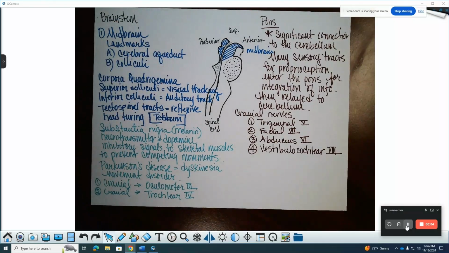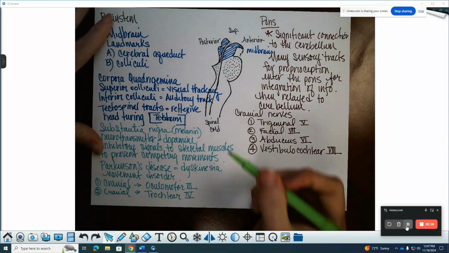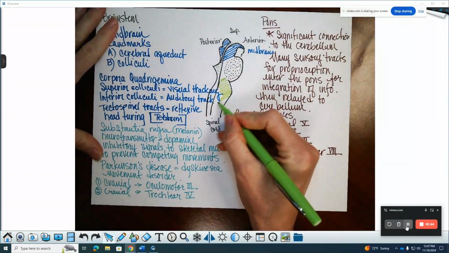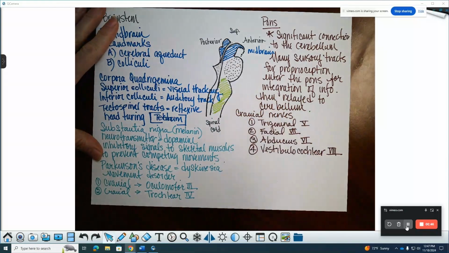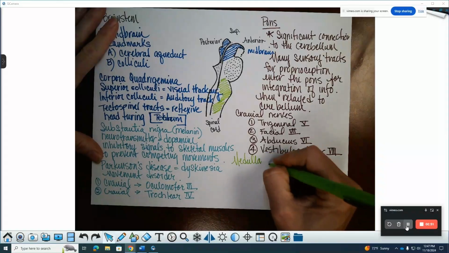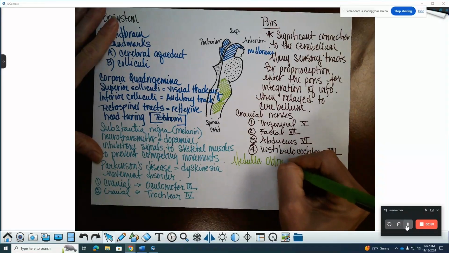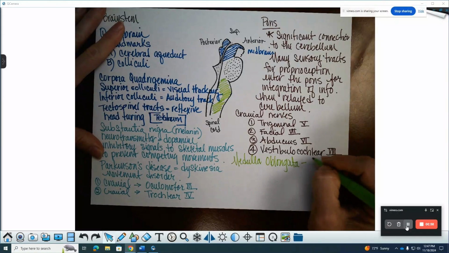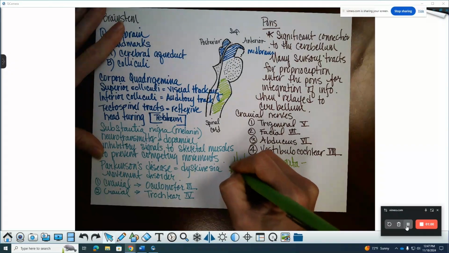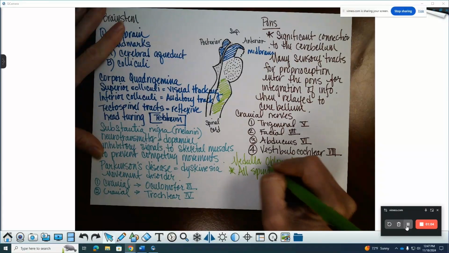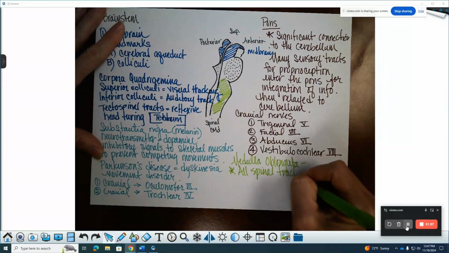Okay, I want to talk now about our last part of the brainstem, which is the medulla oblongata. So down here, all of this, till we get to the spinal cord. So the medulla oblongata, all spinal tracts pass through here.